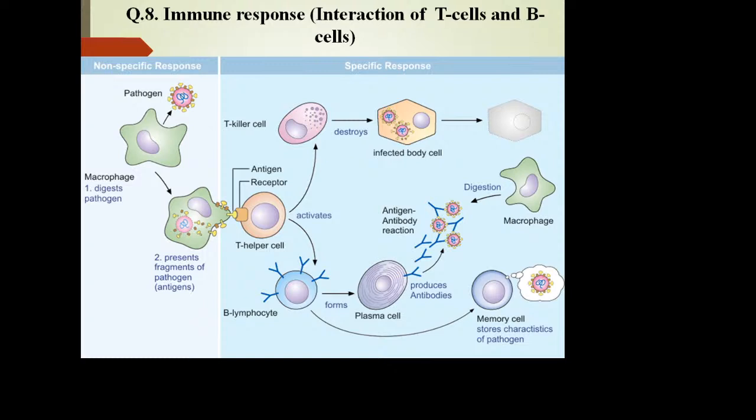Actually, the time of this immune response from the entry of the pathogen up to the production of antibodies lasts about 7 days in primary immune response, when a microorganism enters the human body for the first time, and it is shorter in secondary immune response. It's about 3-4 days in secondary immune response.